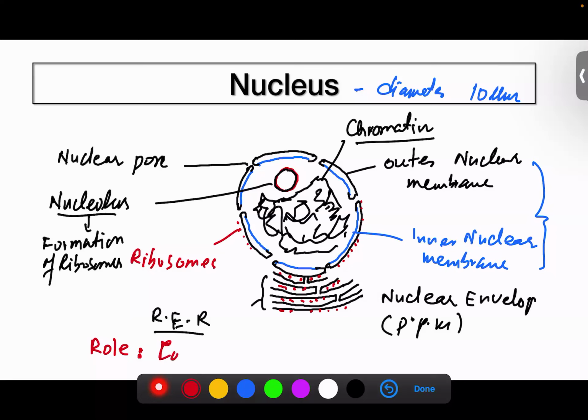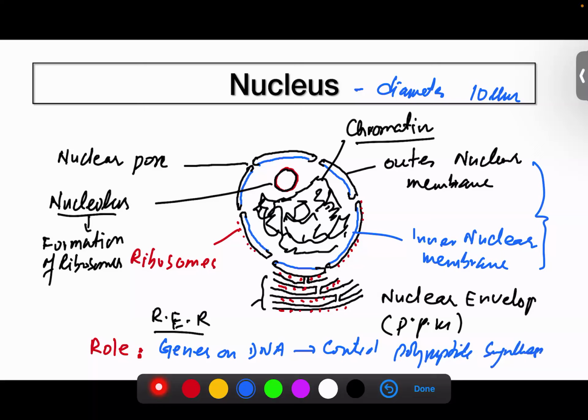So it contains genes on DNA which control polypeptide synthesis. Okay, how do they control polypeptide synthesis? We'll discuss in nucleic acid and transport, nucleic acid and protein synthesis.